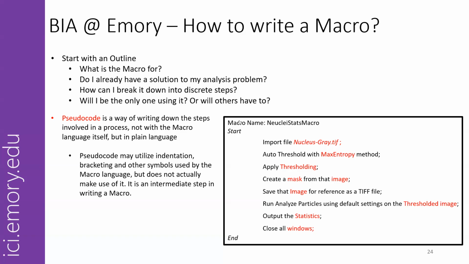So a tool you can use to do that is pseudocode, which is basically descriptive lines that call a function or that reference something done to the image, and you put them in a list, and then you can go down that list as you're filling out the macro with the proper programmatic language.